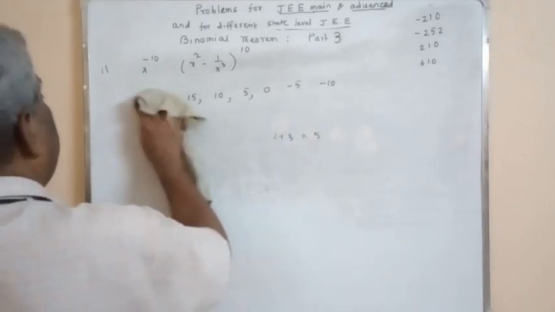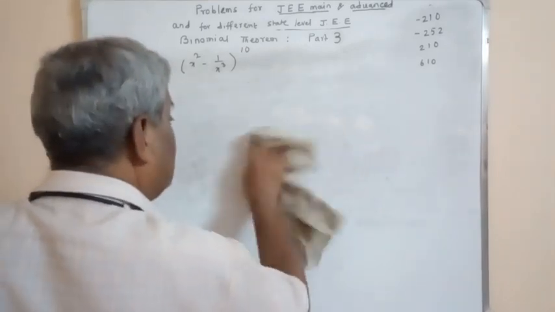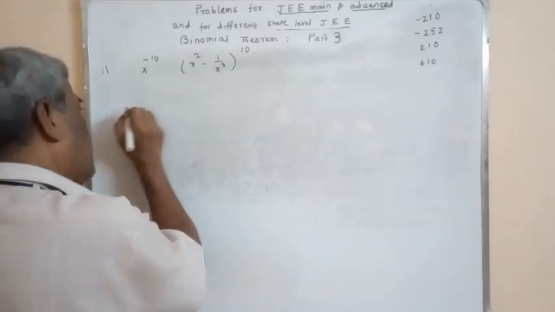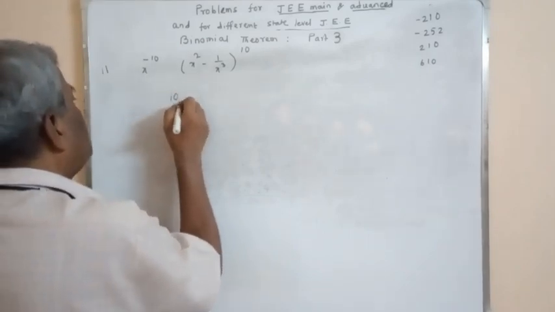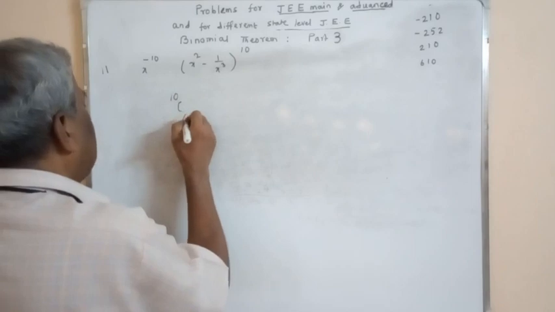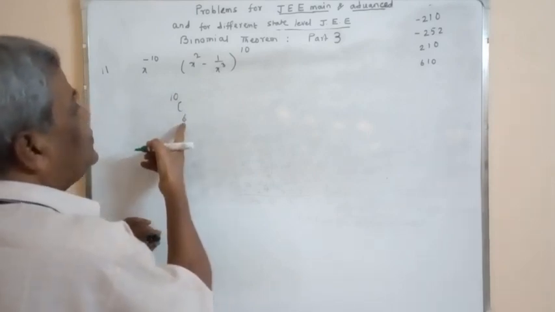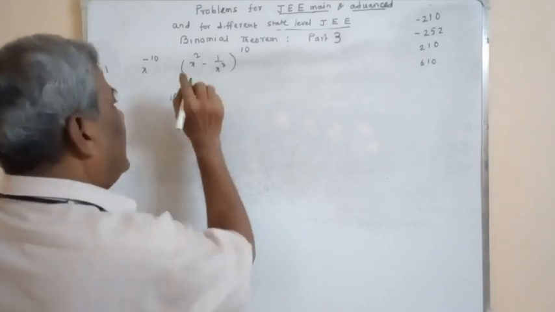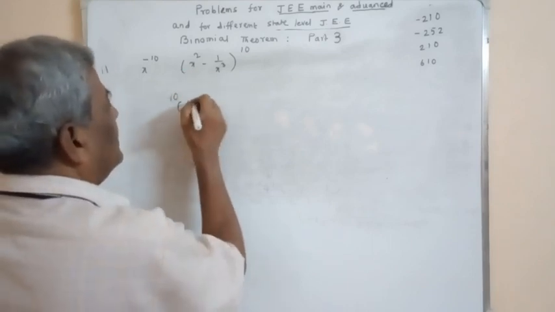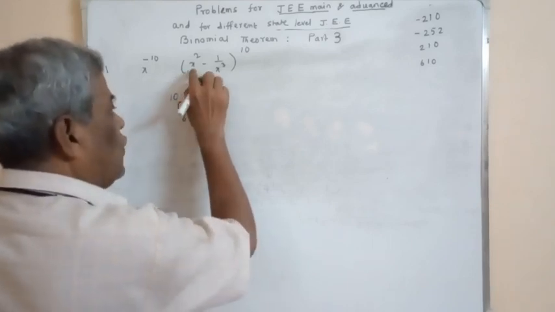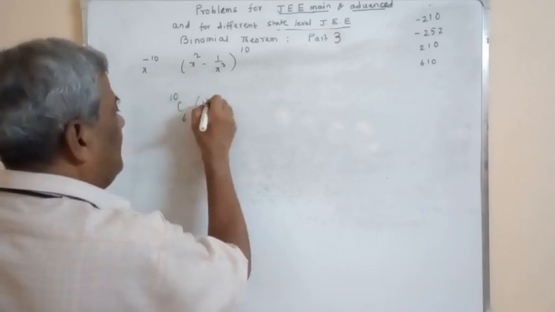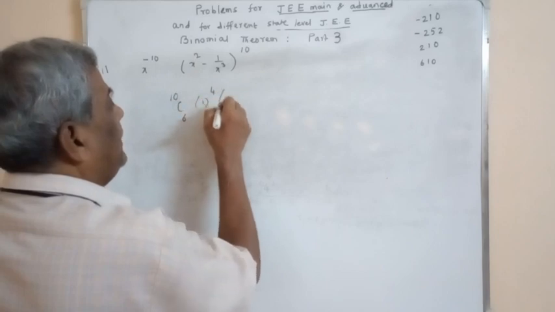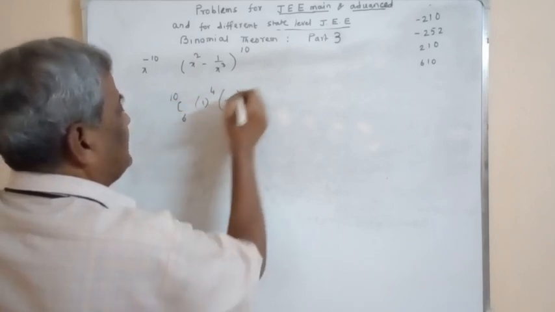Therefore, the required coefficient is the seventh term. So the required coefficient is 10C6 into the coefficient, 1 to the power 4 and minus 1 to the power 6.